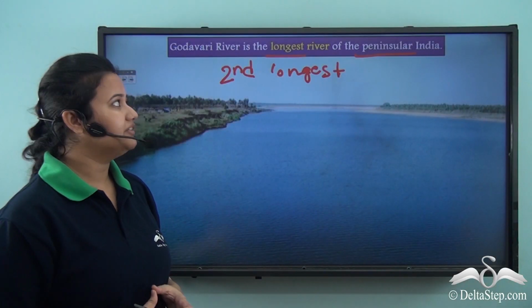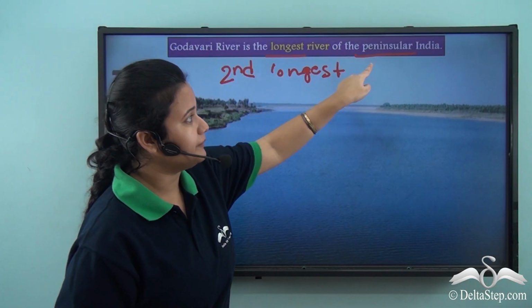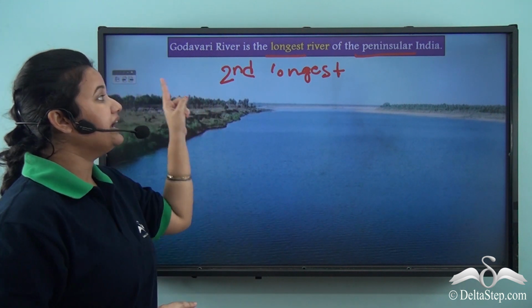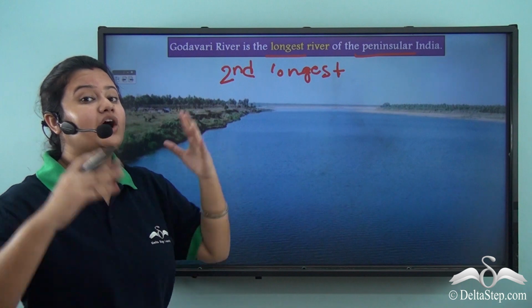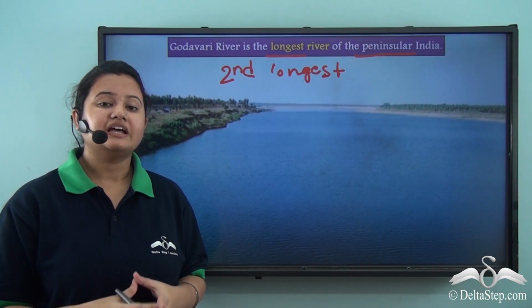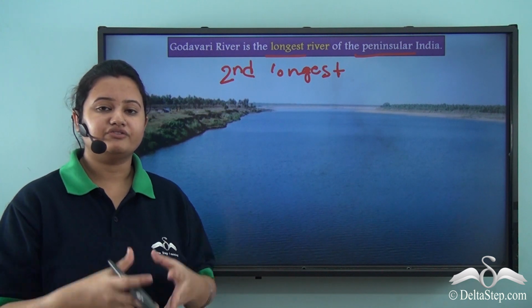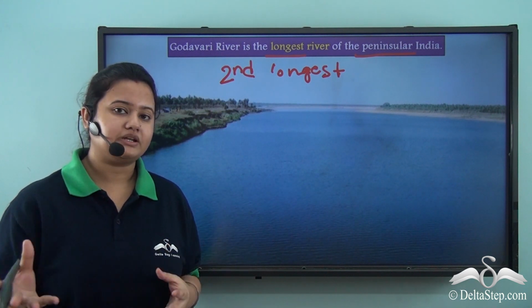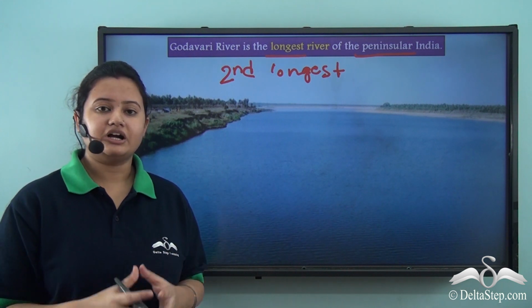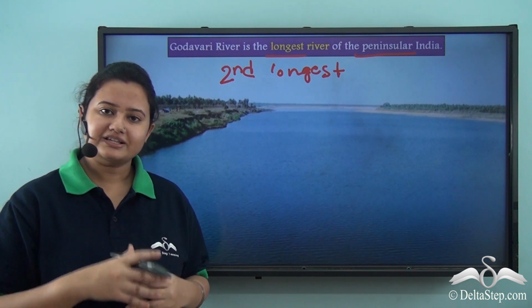So river Godavari is the longest river of peninsular India, that is the southern part of India, and the second longest river in whole India. So since river Godavari is the longest and largest river in southern India or peninsular India, therefore it is also known as Dakshin Ganga or Ganga of the south.